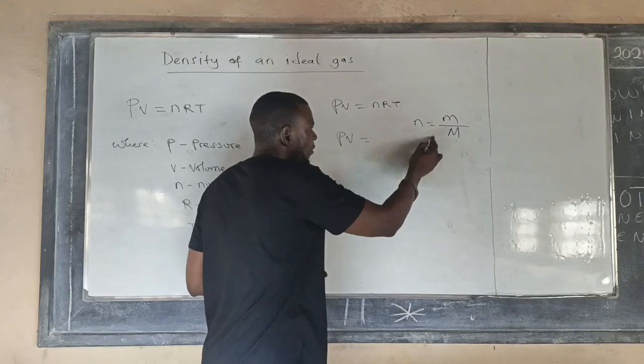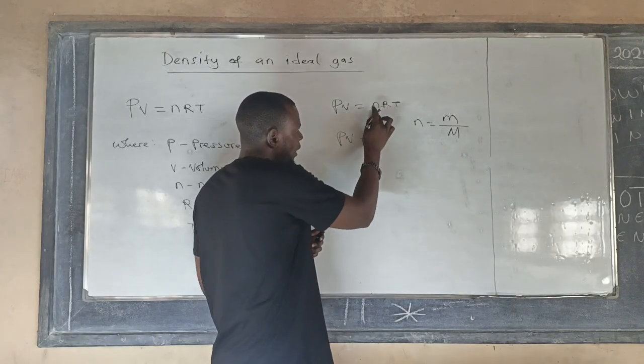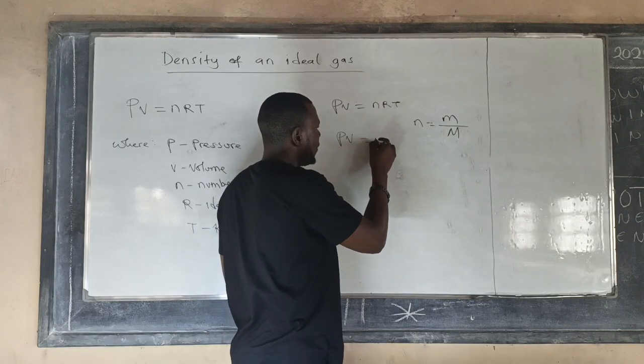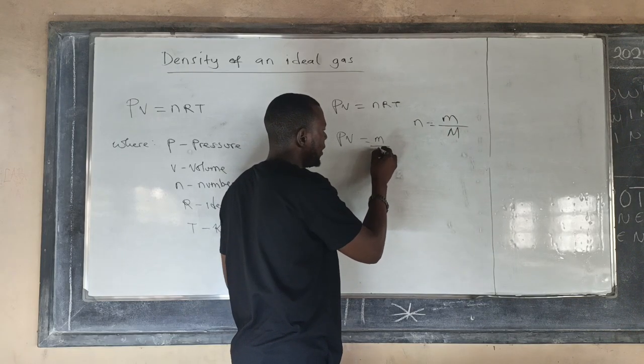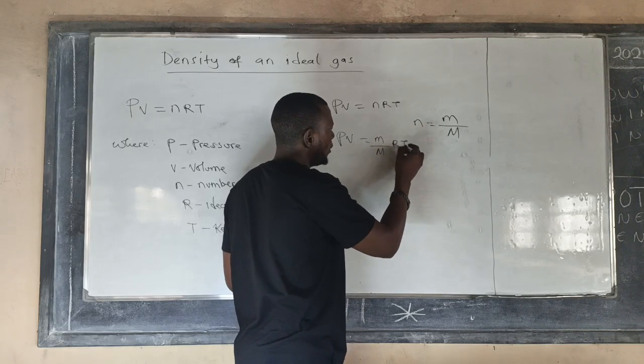So instead of writing n, we write mass over molar mass, multiplied by RT.